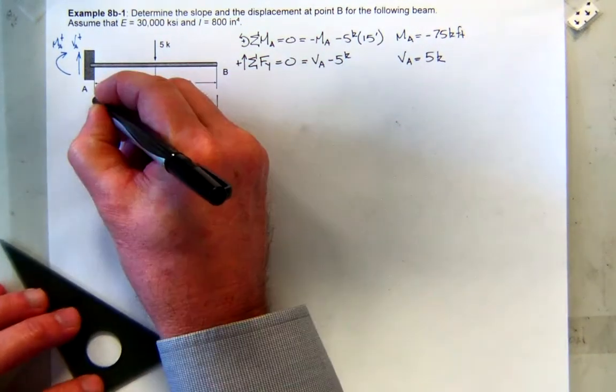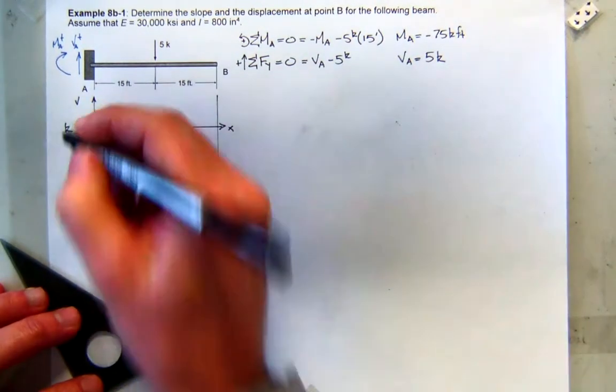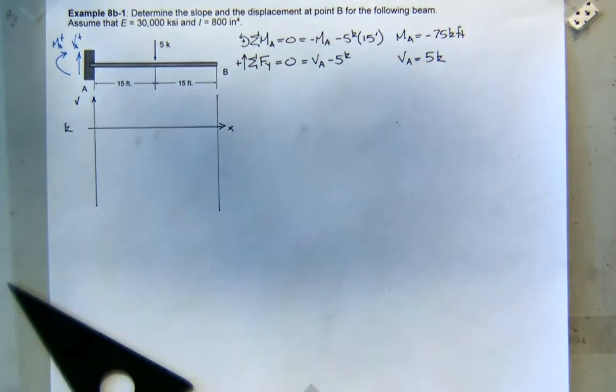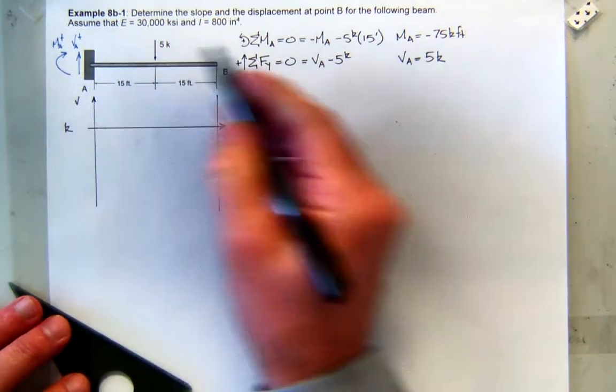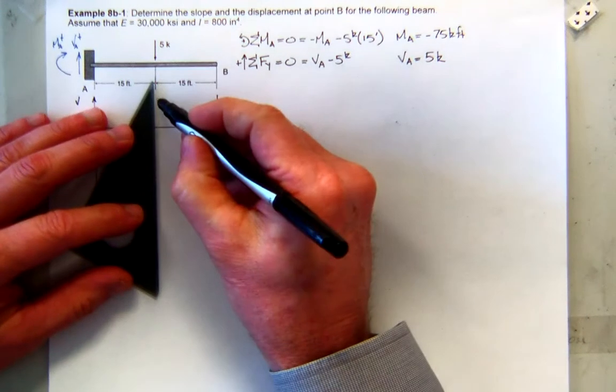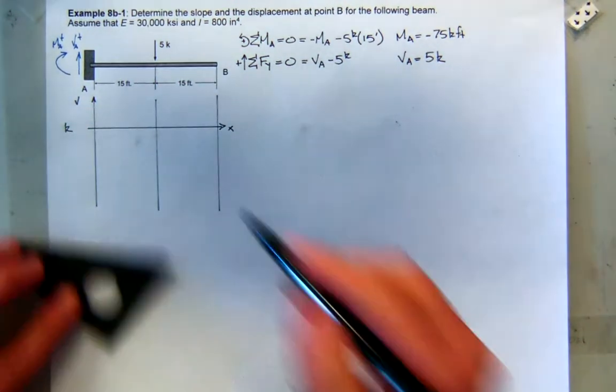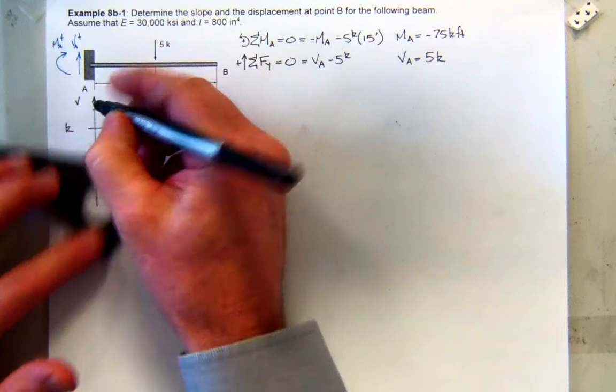There's my positive x, positive value for shear. I'll let all my units be in kips. So what's our starting shear? Shear at A is 5. Also, I'll add this to my template. That's going to be a point I'm curious about. So I'm going to start at 5.